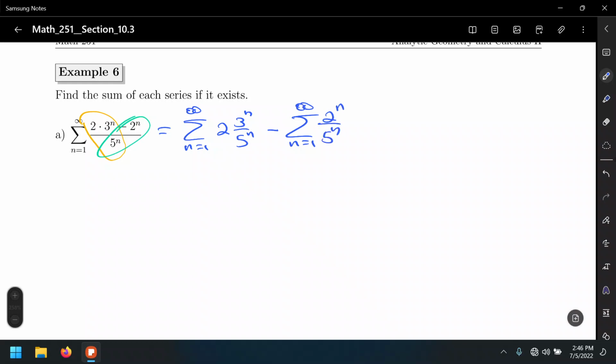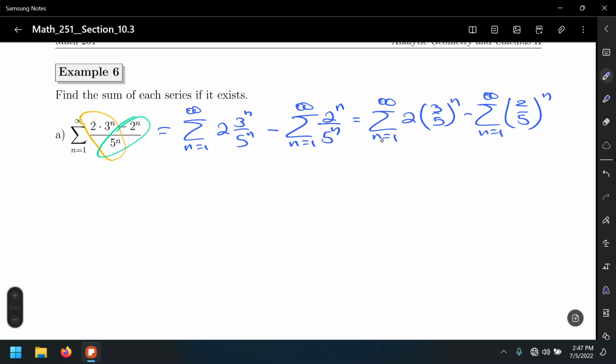In this case, it's possible to rewrite this as a number r raised to the n power, because both numbers have the same exponent: sigma n equals 1 to infinity of 2 times (3/5) to the n, minus sigma n equals 1 to infinity of (2/5) to the n. Let's look at the values of r.